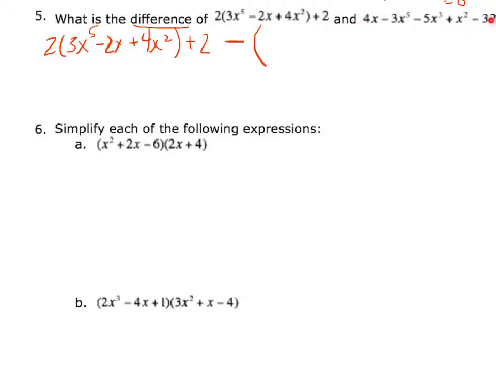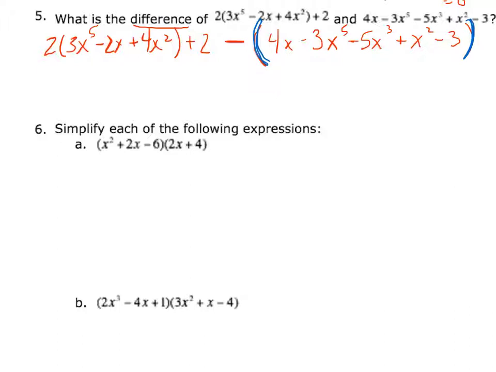So we need to take this whole thing over here and subtract it. So 4x minus 3x to the 5th minus 5x to the 3rd plus x squared minus 3. And you'll notice that I use parentheses, and these are really important because we're subtracting that entire thing, not just the first part of it, but the whole thing.